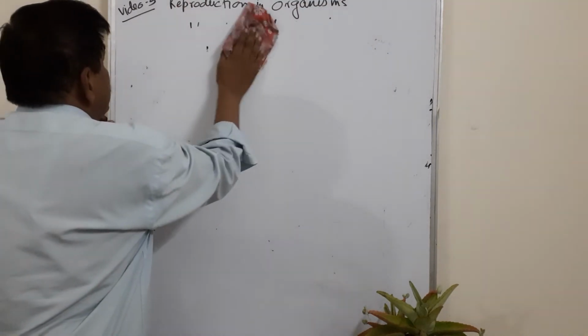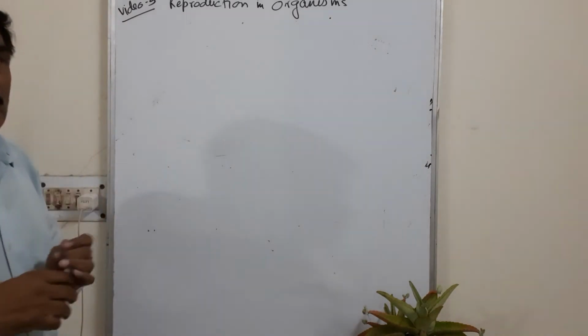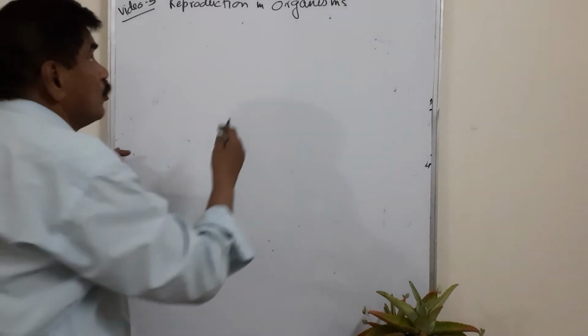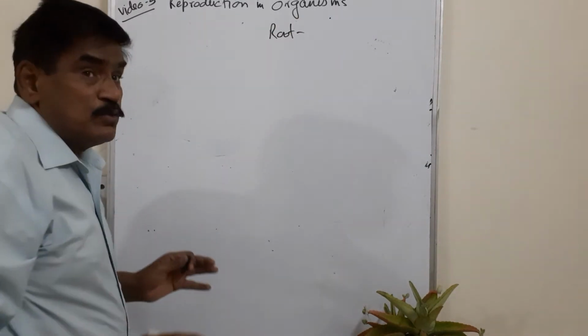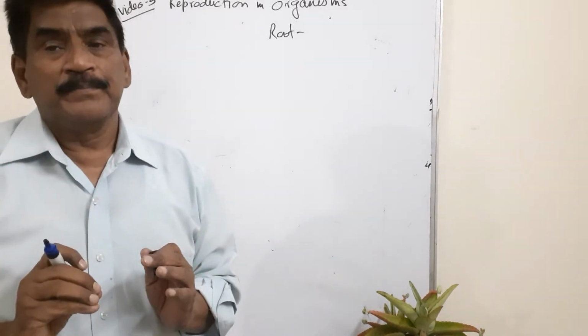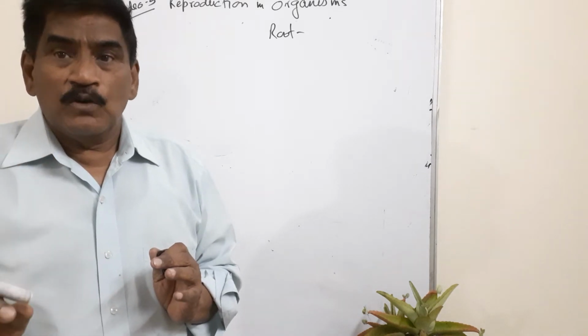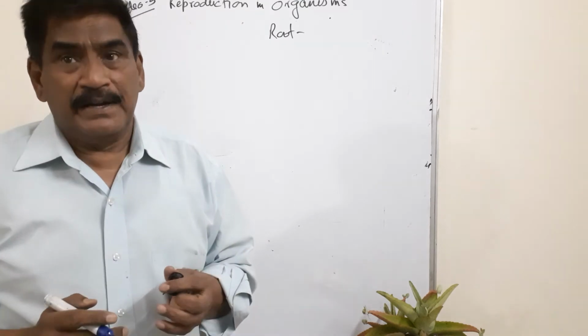Now, a new plant can be produced from any vegetative part of the plant. Say the roots. Normal roots in some trees produce buds, and these buds grow, and the growing part comes above the soil and forms a new plant, a new tree.